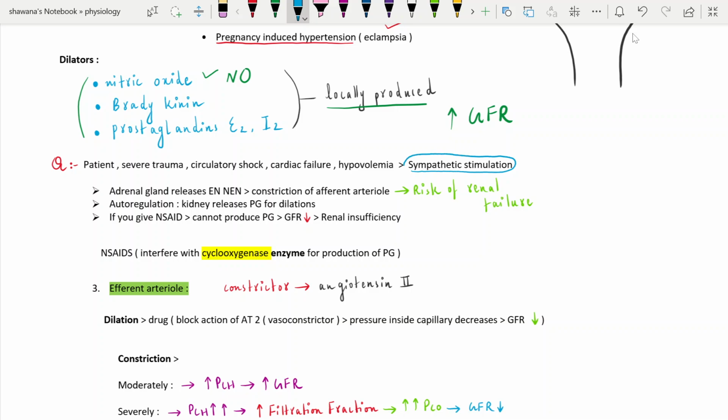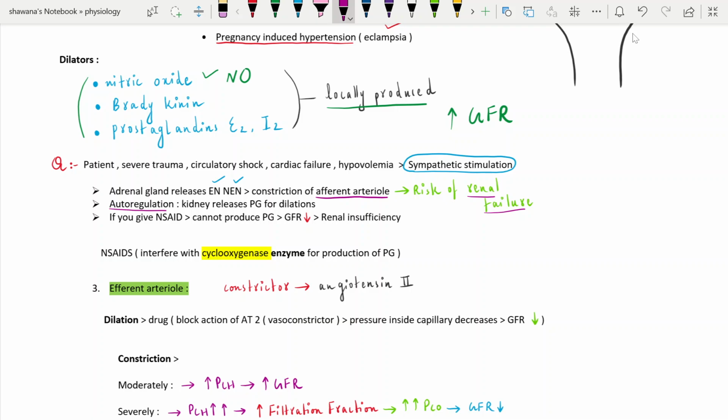It means that the adrenal gland will start to release epinephrine and norepinephrine, and they will constrict the afferent arteriole. If the afferent arterioles are constricted so much, it will reduce the GFR, and there is a risk for renal failure in this condition. But in these conditions, the kidney has autoregulatory mechanisms, and they will release prostaglandins.